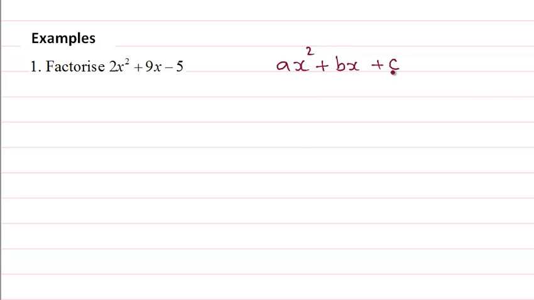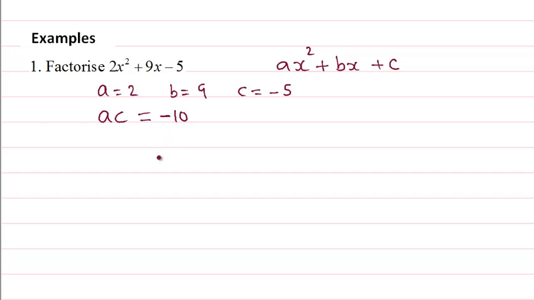term is c. So in this example then we have a equal to 2, b equal to 9, and c equal to minus 5. First thing, step 1, we work out what is a times c. So AC means a times c. 2 times minus 5 is minus 10.